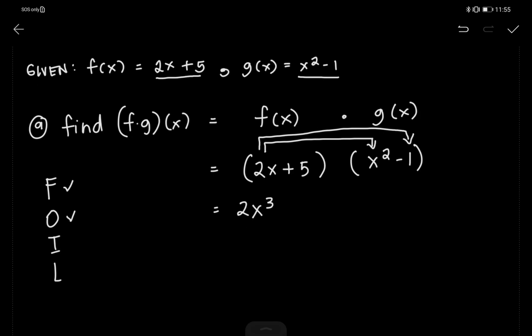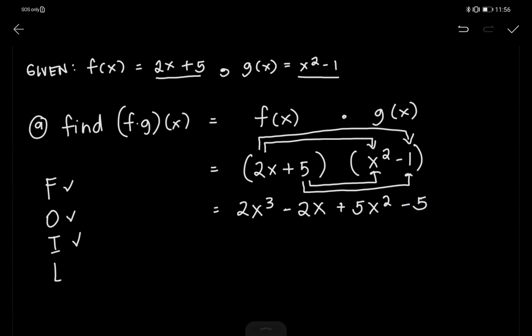So 2x times negative 1 is negative 2x. The inner one is the 5 multiplied to x squared. So this is now equal to positive 5x squared. And the last one is 5 multiplied to negative 1. So this is equal to negative 5.